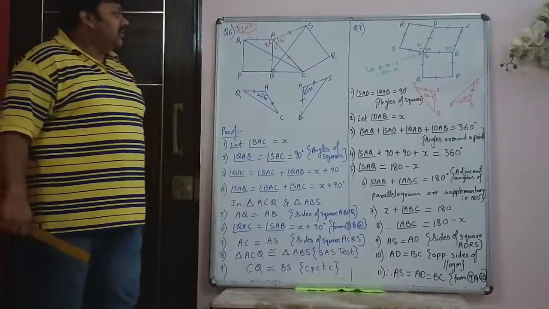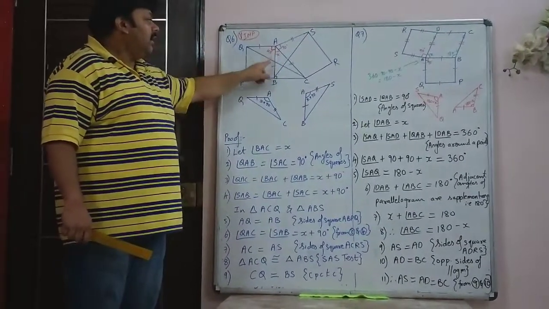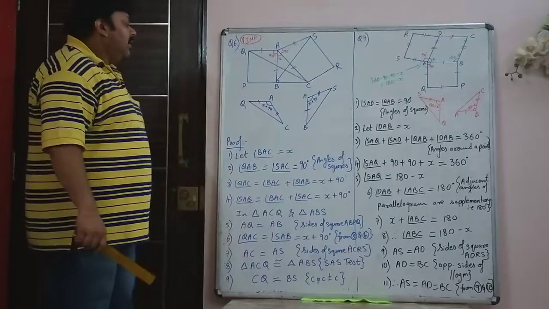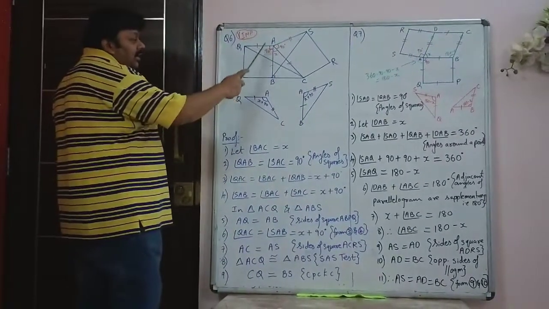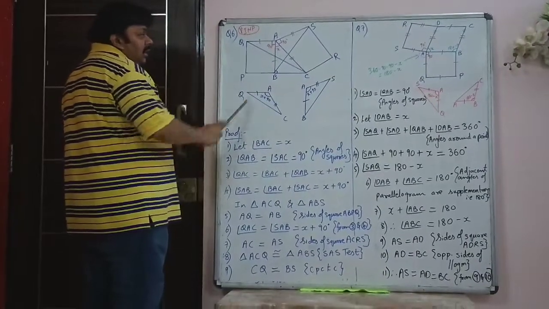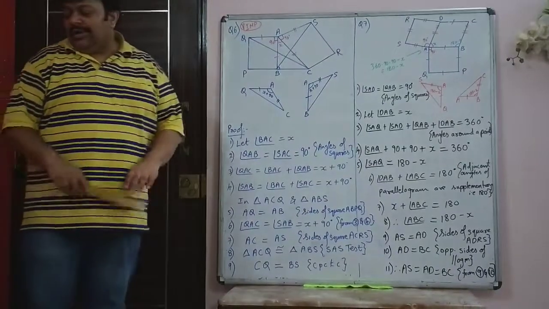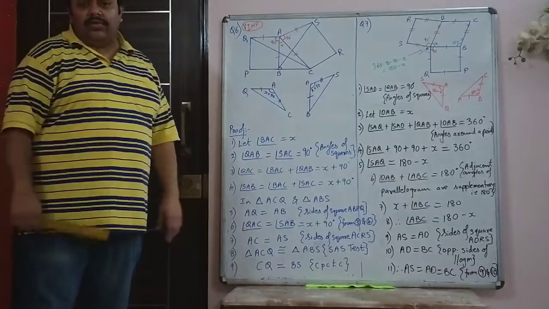Now in question 6, they have given you a right angle triangle ABC and they have told you that on the triangle ABC, ABPQ and ACRS are squares. That figure is already given in the question.